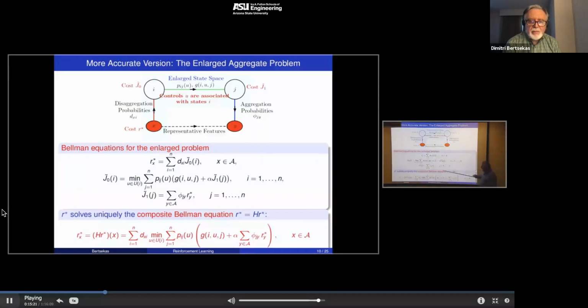Taking this, putting it in here, taking this whole thing and putting it in here, I've obtained an equation that has R star on both sides of the right-hand side, and the J tilde zeros and J tildes of ones have been eliminated. So now I have a composite Bellman equation that involves only R star.